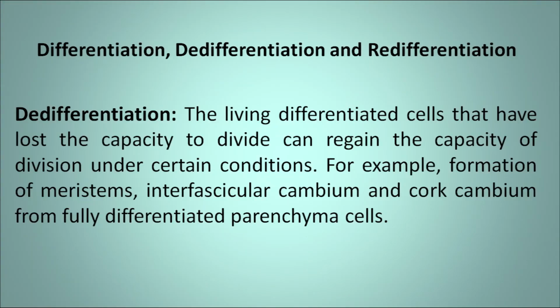For example, interfascicular cambium and cork cambium are developed from parenchyma cells, which means parenchyma cells were differentiated cells performing their own function, but now because of dedifferentiation these parenchyma cells are able to produce interfascicular cambium and cork cambium. So, that means a differentiated cell is regaining the capacity to divide under different conditions.